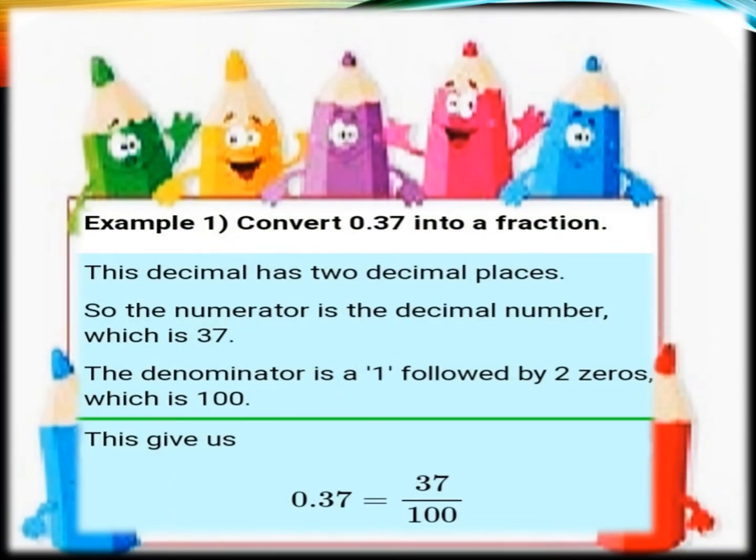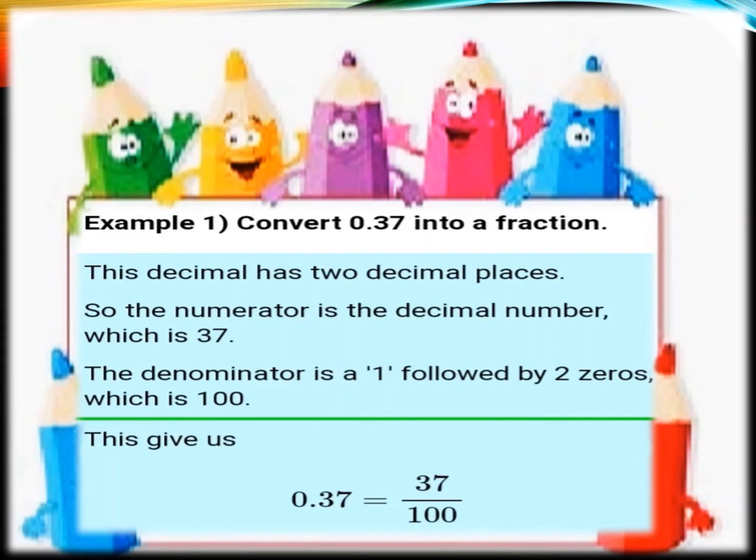Now here is an example. Convert 0.37 into a fraction. This decimal has 2 decimal places. So the numerator is the decimal number, which is 37. The denominator is a 1 followed by 2 zeros because there are 2 decimal places.